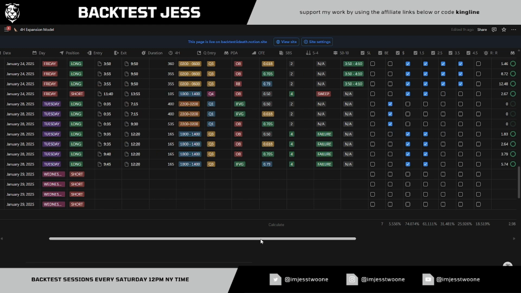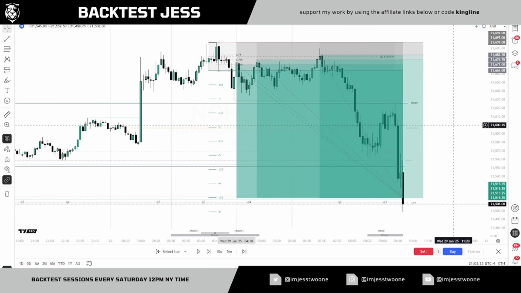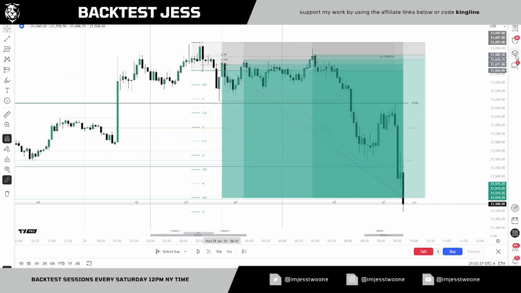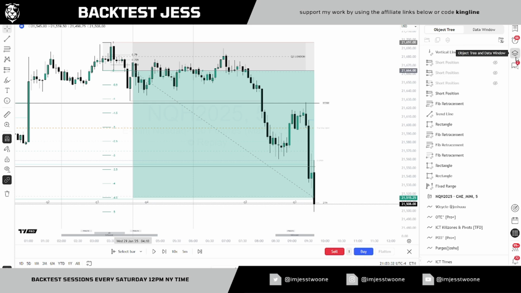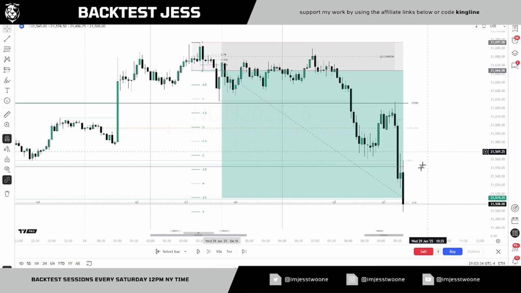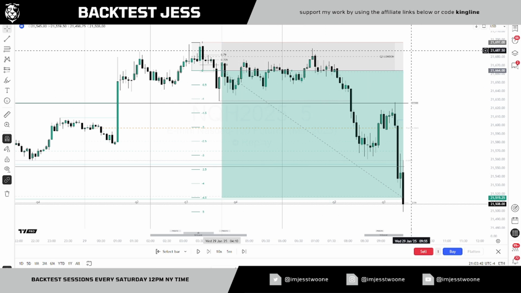Alright, and then all the entries actually occurred at different times this time. I'll just track each trade individually now. So this one is 0.5, this is a 4.51 R. Wow, that's the best R I think I've seen for that entry.